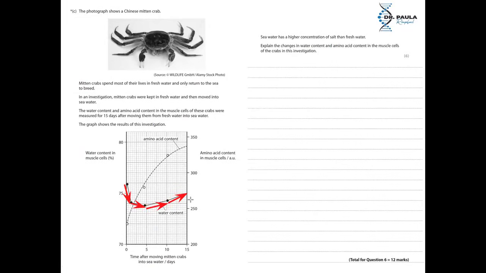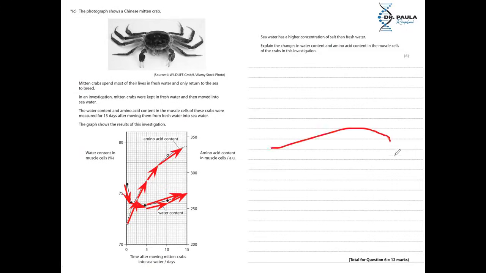But why is the water content starting to increase? Here it's time to see the amino acid content. The amino acid is increasing, yes. So when the amino acid content is increasing inside the cells, the water potential inside the cell decreases.